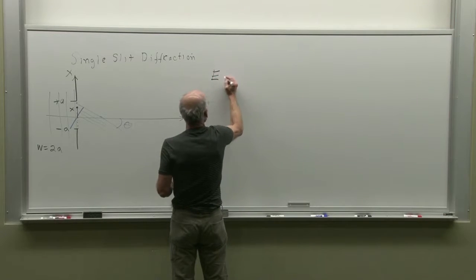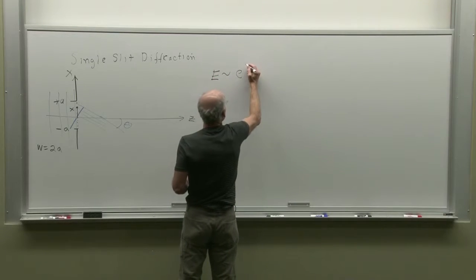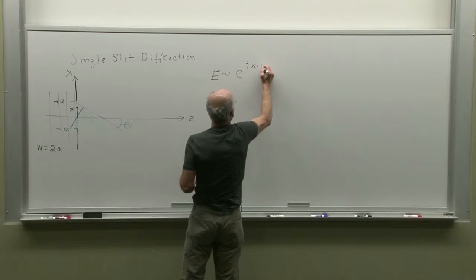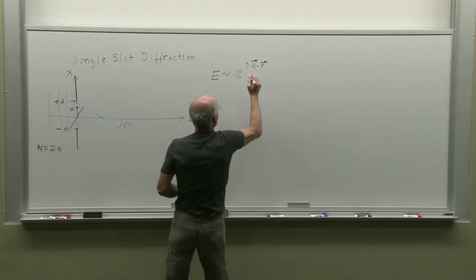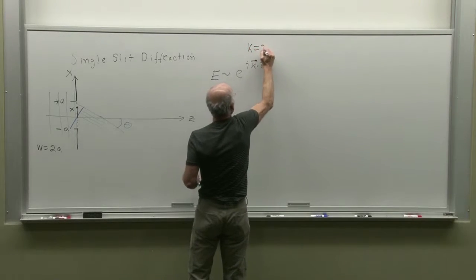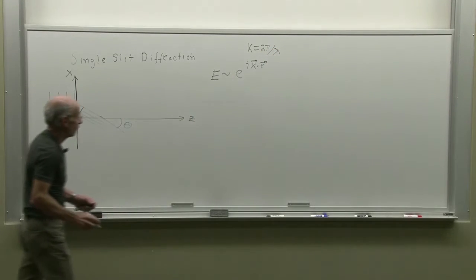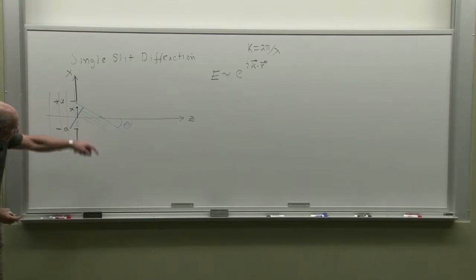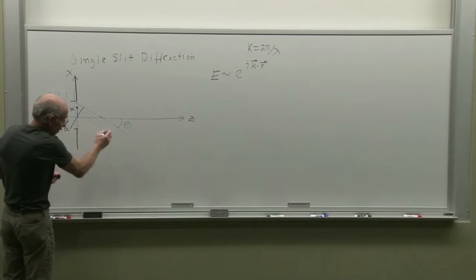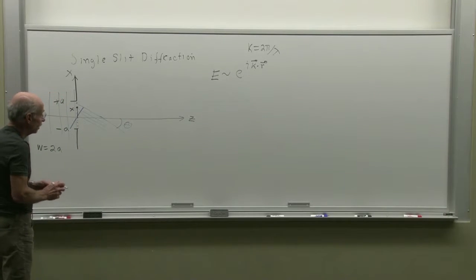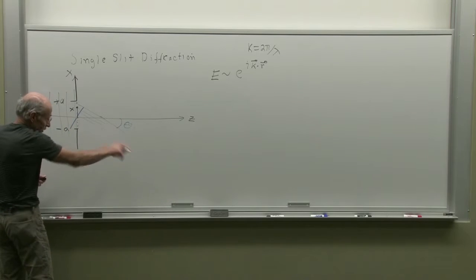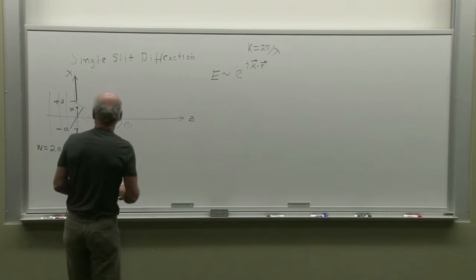So let's remember the wave is proportional to e to the i k dot r, right? And let's remember that k is 2 pi over the wavelength of the light. So we're propagating off in this direction. We've got a k vector in that direction. So we don't need the dot product. We're going to go in that direction.